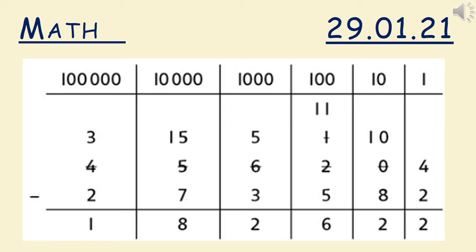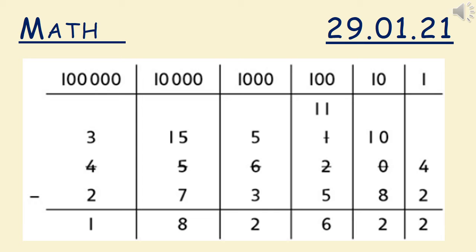Now, to the thousands column, we did have 6 take away 3, but we had to take from our neighbour, so it's 5 take away 3, which equals 2. Then to the tens of thousands, we have 5 take away 7. But that gives us a negative number again, so we're going to take from our neighbour.